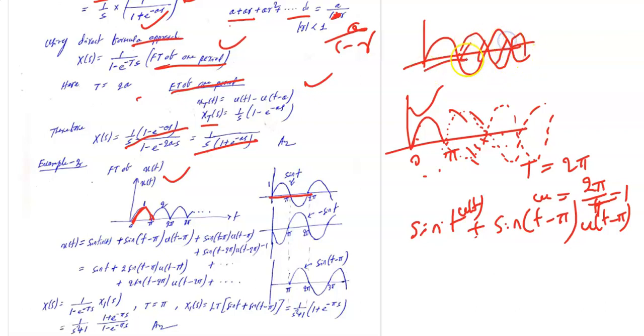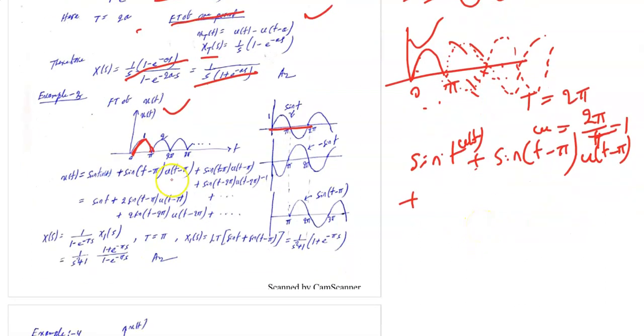So it cancels, and I got the pulse. In the same way you can do the second pulse. The second pulse starts at sine t minus pi ut minus pi, and then minus 2 sine t minus 2 pi, ut minus 2 pi, and it goes on like this. So ultimately sine t plus 2 sine t minus pi ut minus pi, so everything will be 2 and 2.